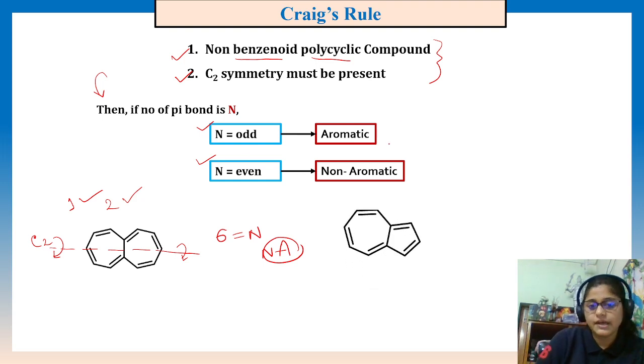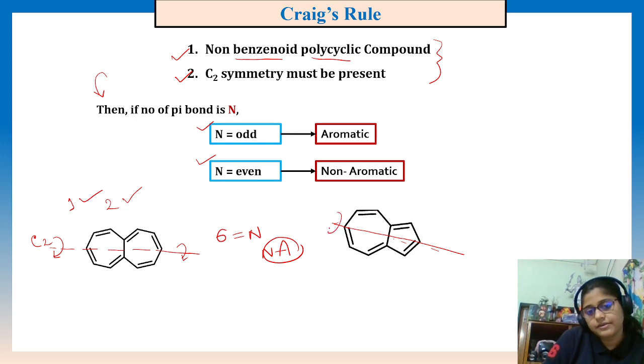Another example here. Non-benzenoid obviously, polycyclic obviously. C2: where is the C2? This can be the C2, right? Put it this way. Yes. See, everything is the same.